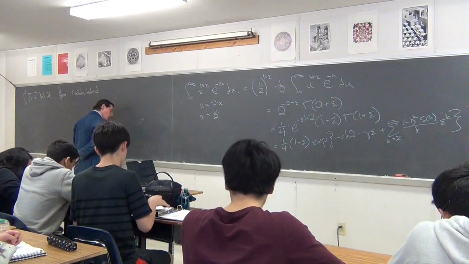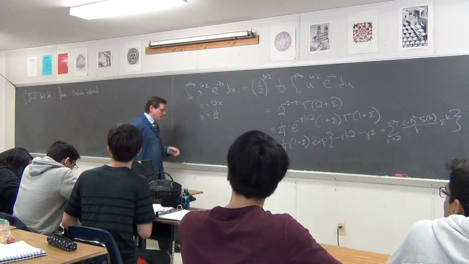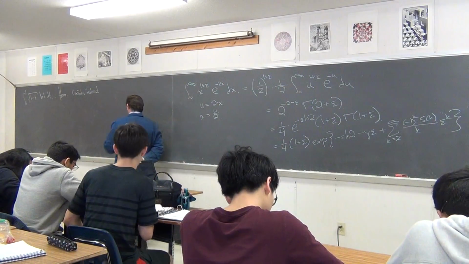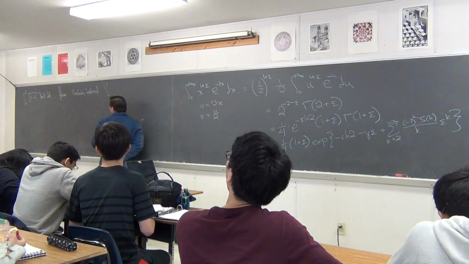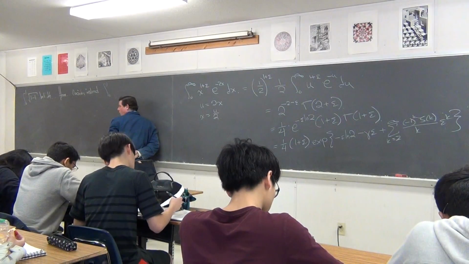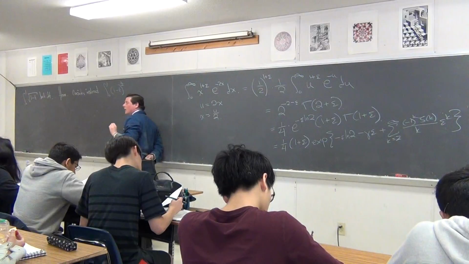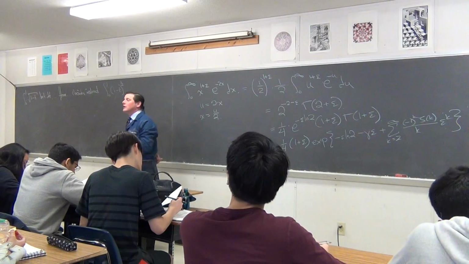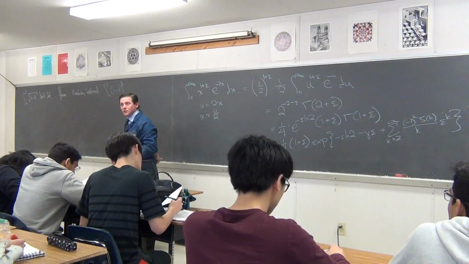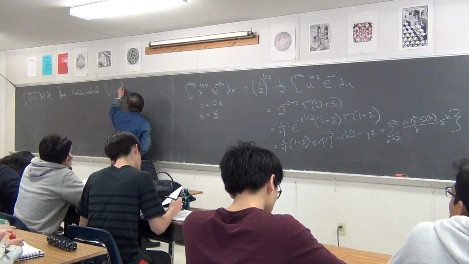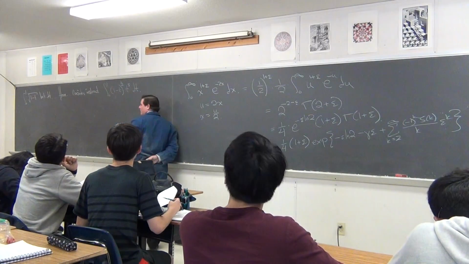I'm considering the integral from 0 to 1 of 1 minus t, I'm going to write it in calculus simplified form, t to the epsilon dt, of course.